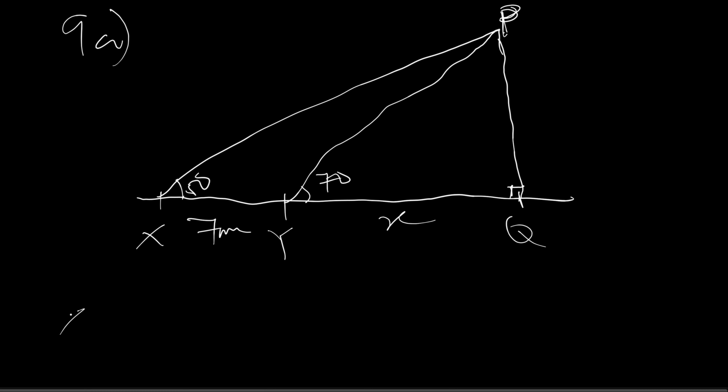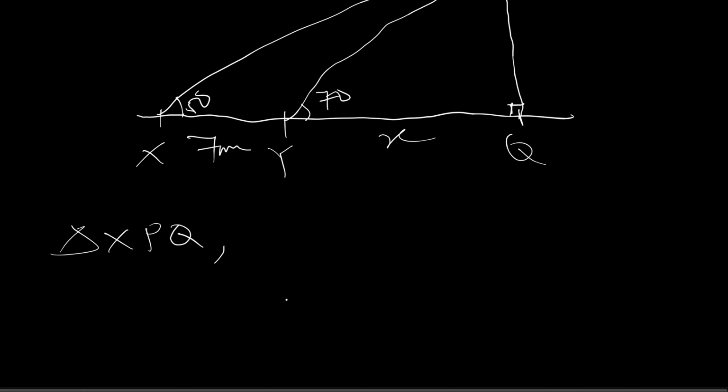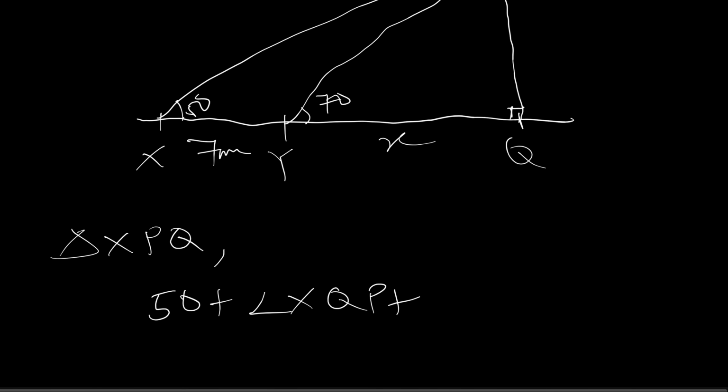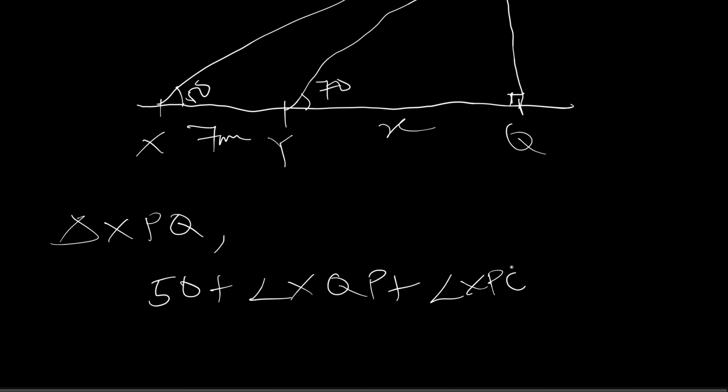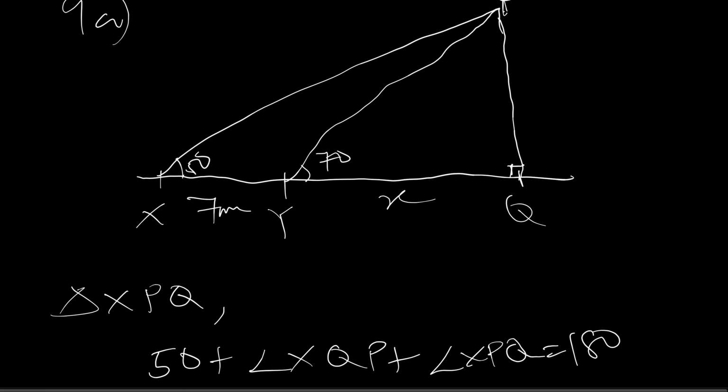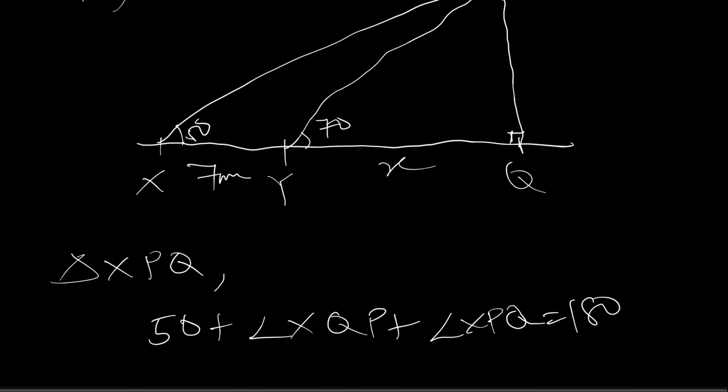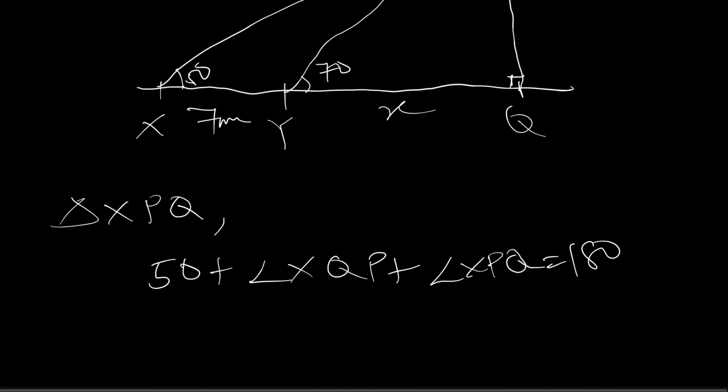Now if we take triangle XPQ, then we can say that 50 plus angle XQP plus angle XPQ is equal to 180, since the sum of the angles in a triangle is equal to 180 degrees. And we know that angle XQP is equal to 90 degrees.